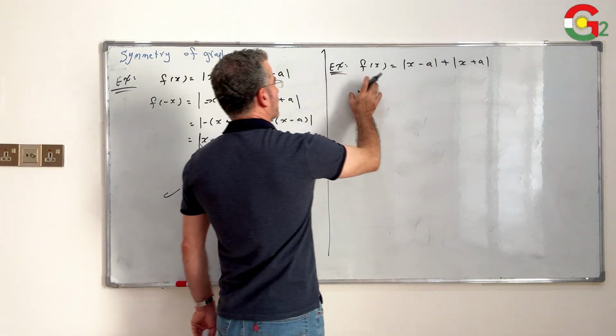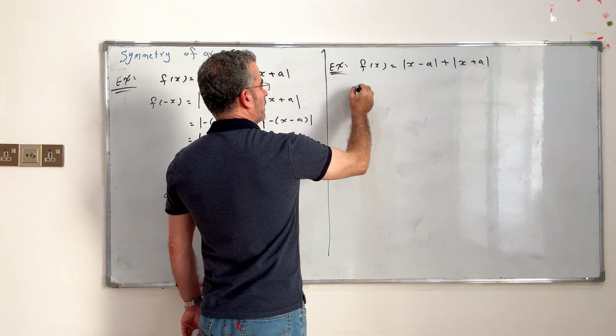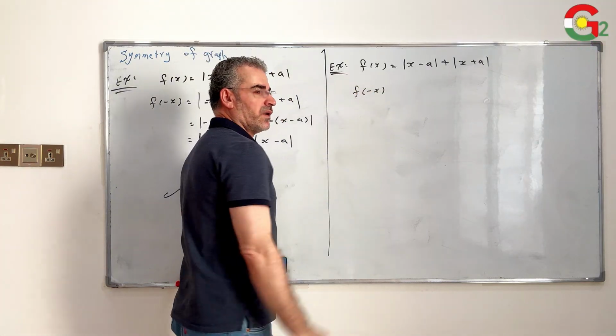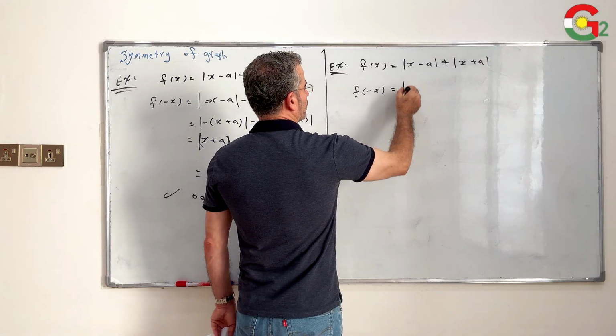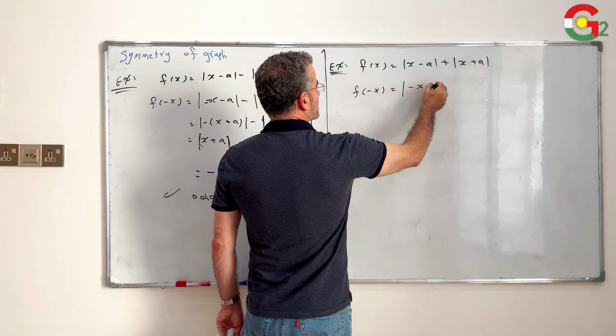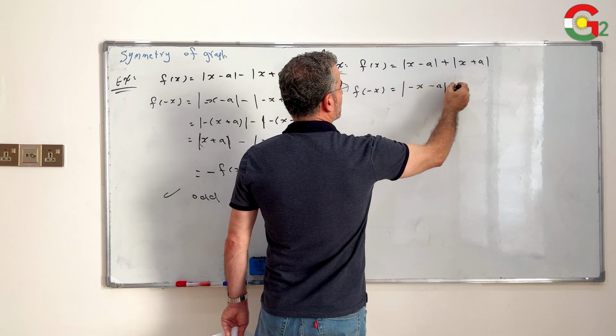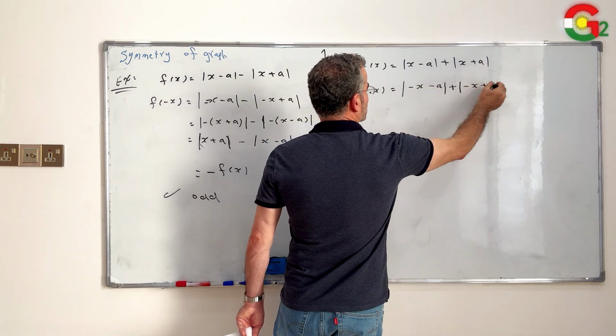For the second function, if we find f of minus x, it's equal to absolute value of minus x minus a, plus absolute value of minus x plus a.